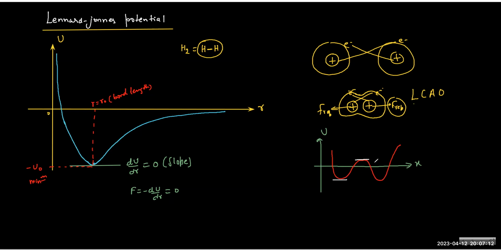For the given graph, we can draw 3 such tangents, right? So the force is 0 here. So how many points of equilibrium do you see? 3 points.